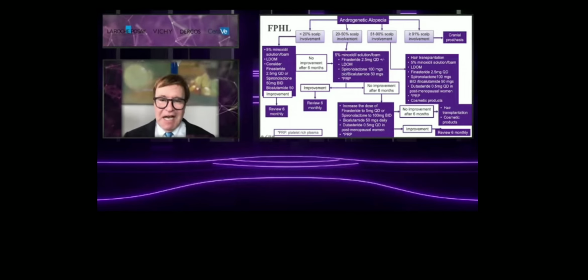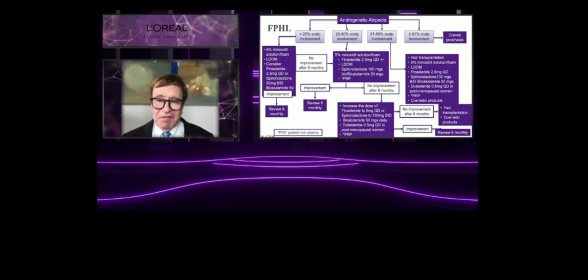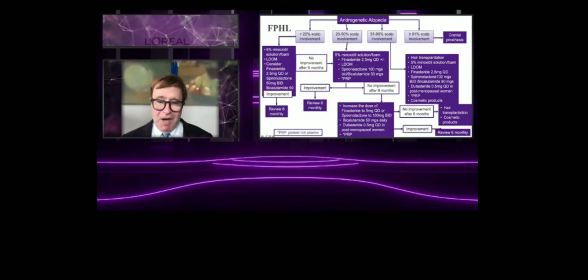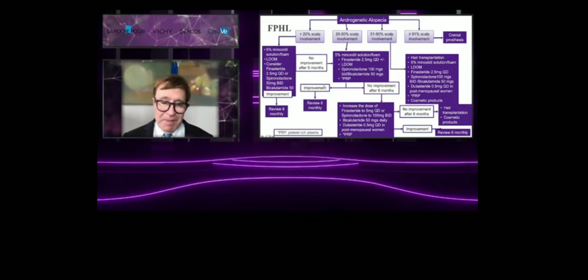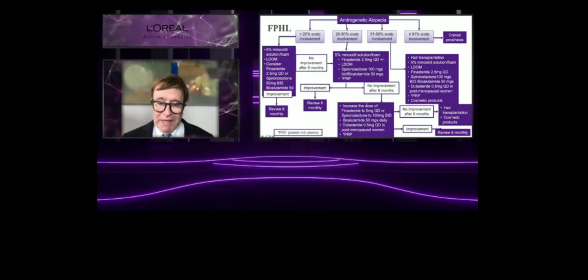Again, 5% solution or foam, minoxidil, finasteride, low-dose oral minoxidil, spironolactone or bicalutamide, and then we might consider PRP. If there's improvement, review every 6 months. No improvement, we increase the finasteride to 5 milligrams daily, spironolactone to 100 milligrams twice daily. Bicalutamide we may use, dutasteride in postmenopausal women, and PRP.